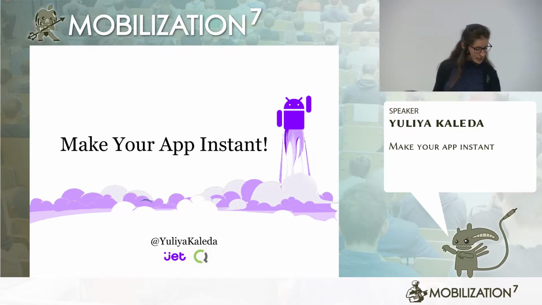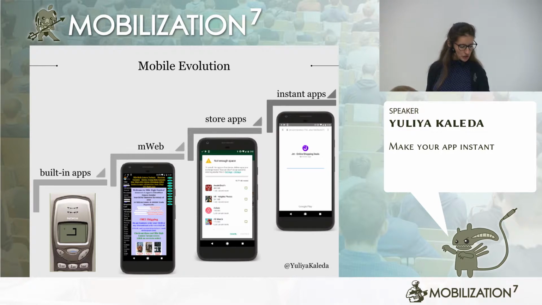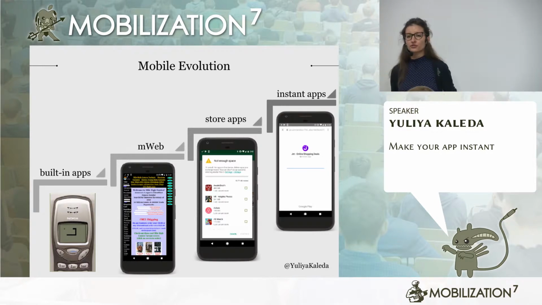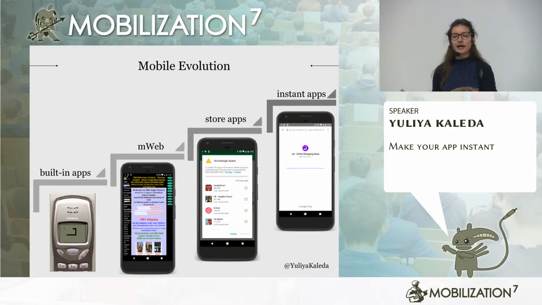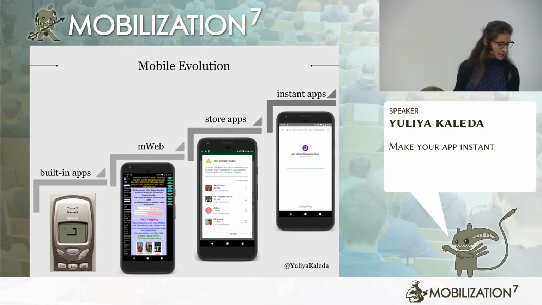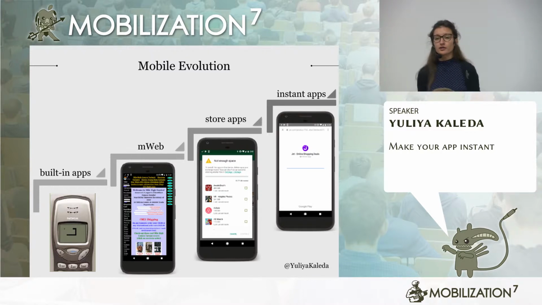So let's take a step back and talk about mobile evolution. You probably remember those first built-in applications in black and white, like a snake game or calculator, no animation, pretty boring, but still they were our first applications. Then we stepped into the era of mobile web, right? And mobile web opened up a lot of opportunities for us to browse the internet and search for the information we needed.